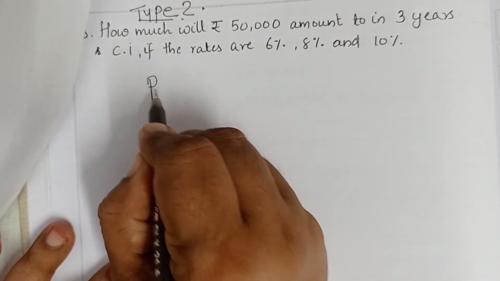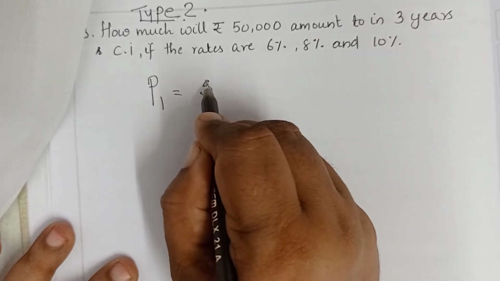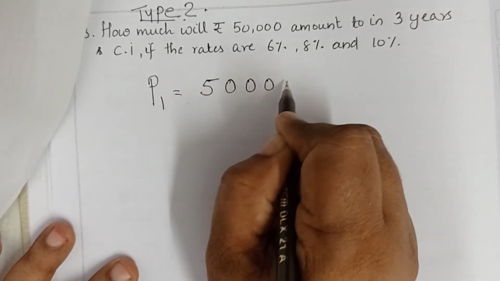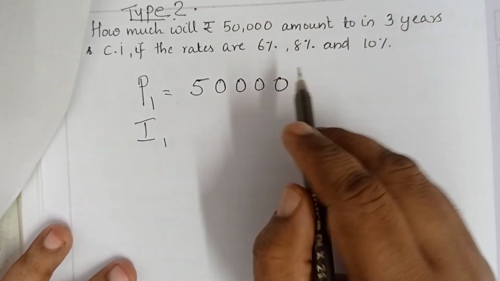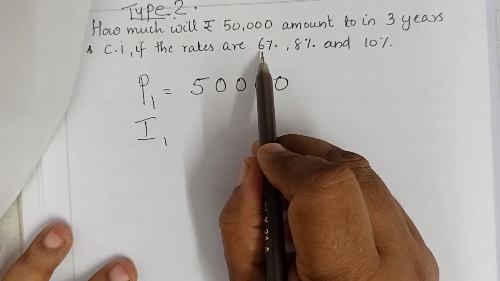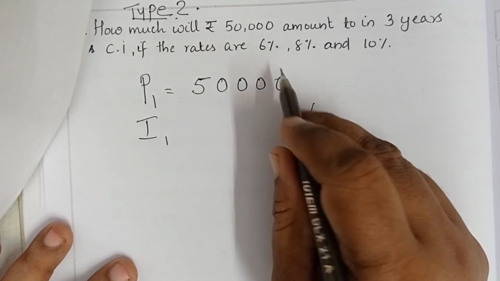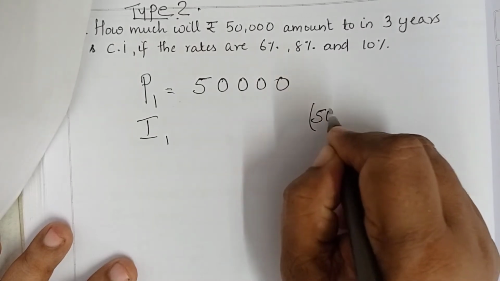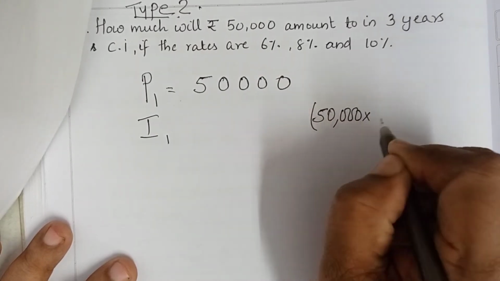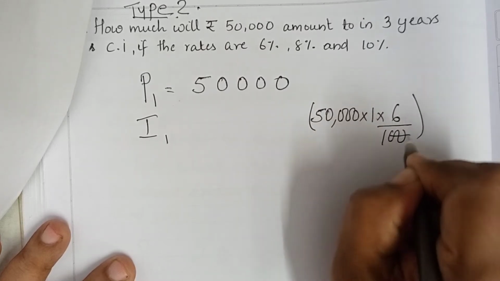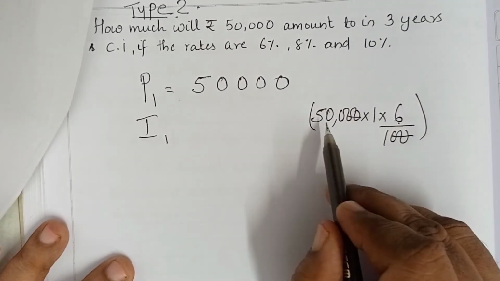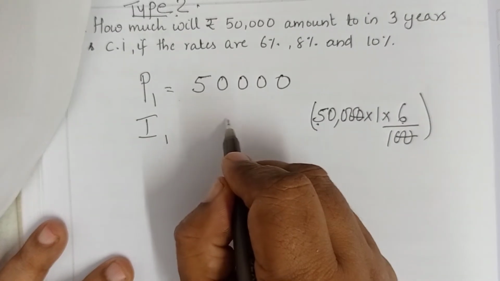What is P1? Yes, 50,000. Then what is I1? The first year the rate is 6%. Read carefully. 50,000 into 1 into 6 by 100. Okay. 100 cancel. 6 5s are 30 00.